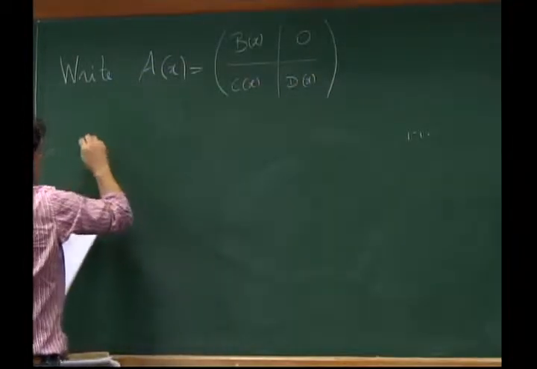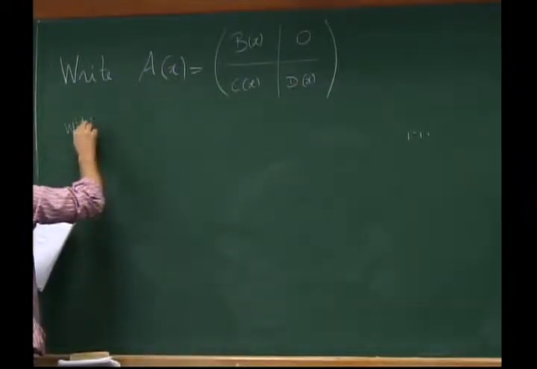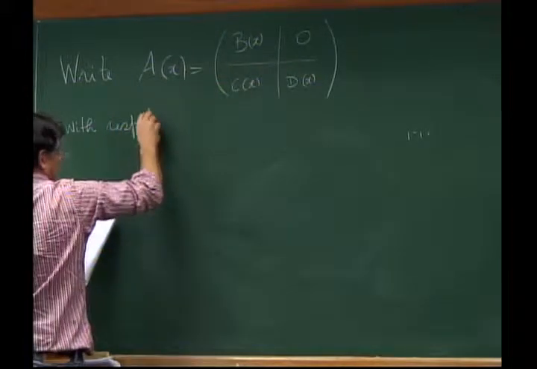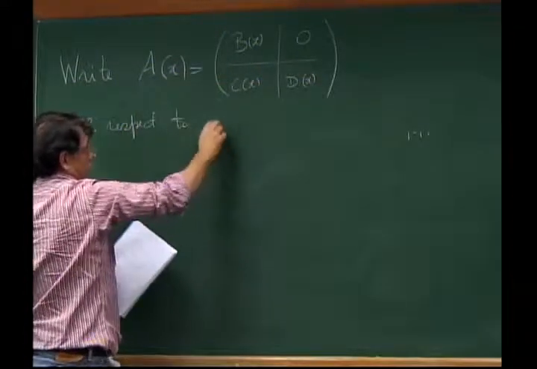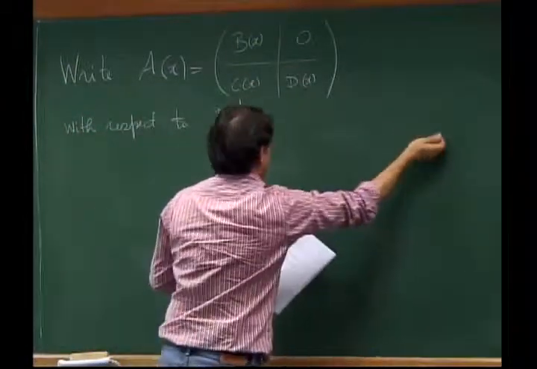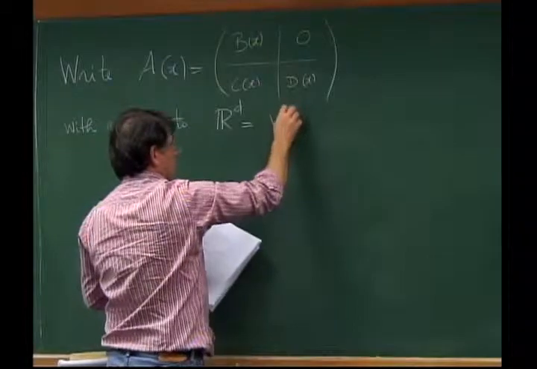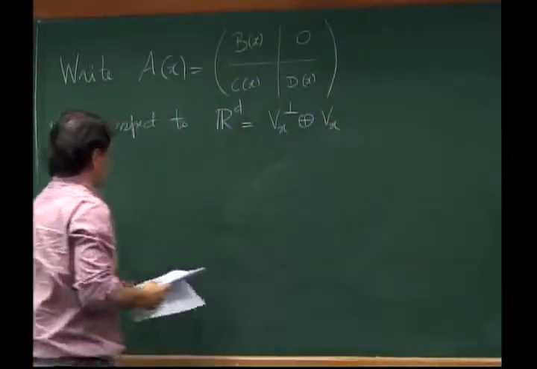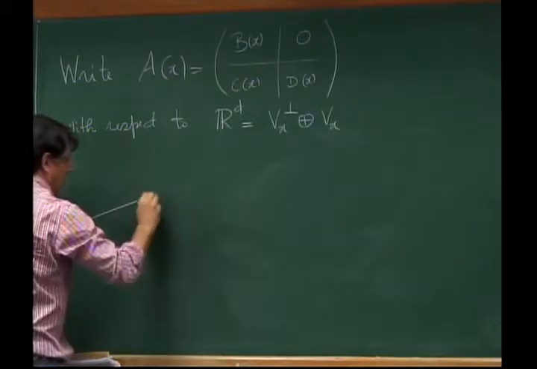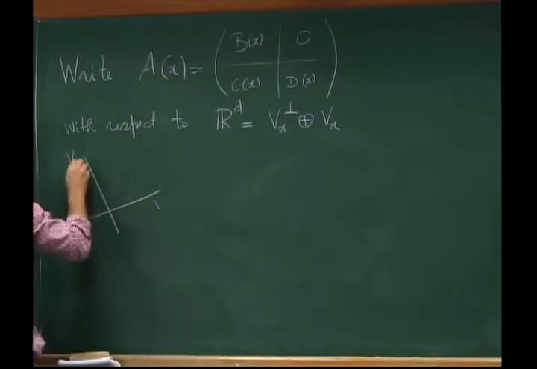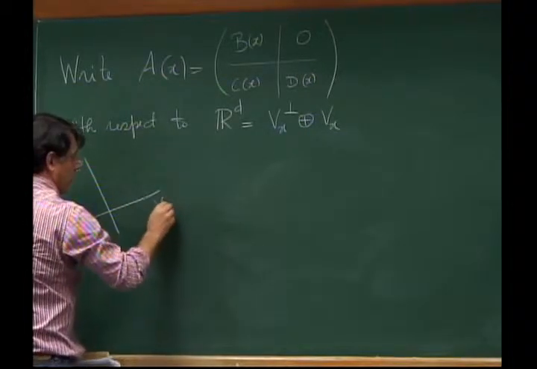This is the expression of these matrices with respect to the direct sum decomposition R^d equals Vx orthogonal plus Vx. Okay, we have Vx, we have Vx orthogonal.